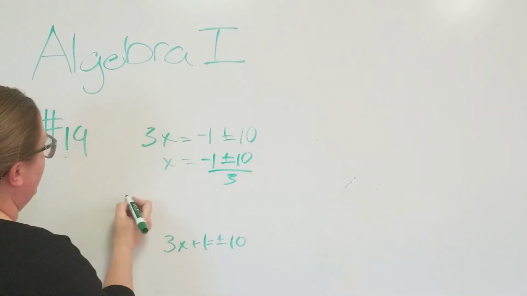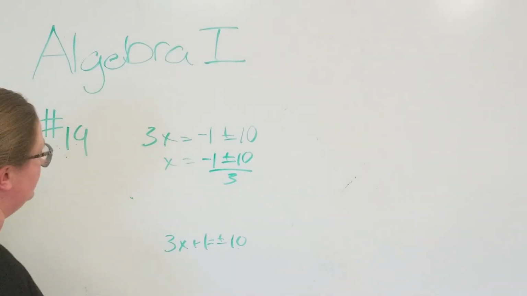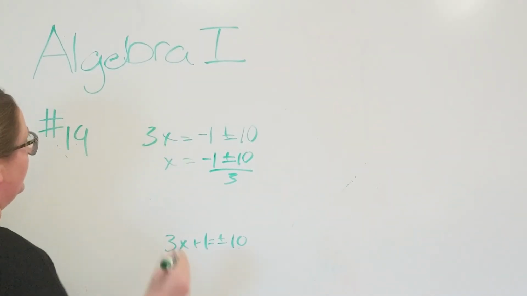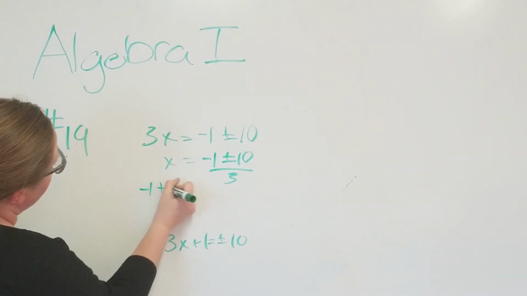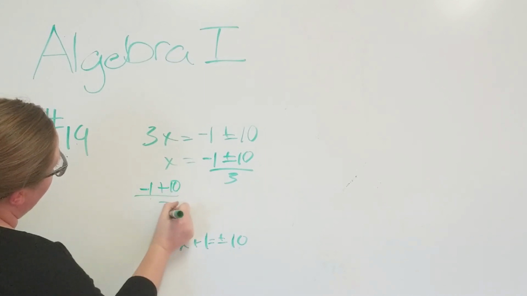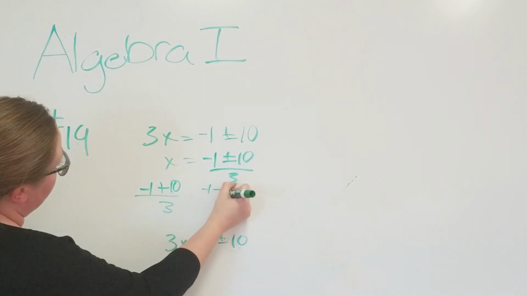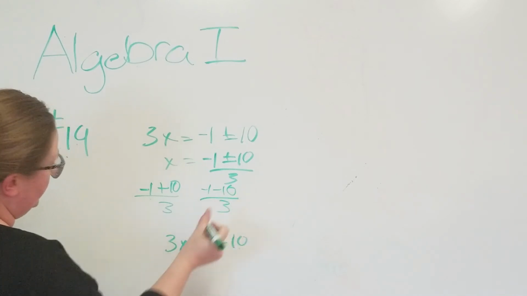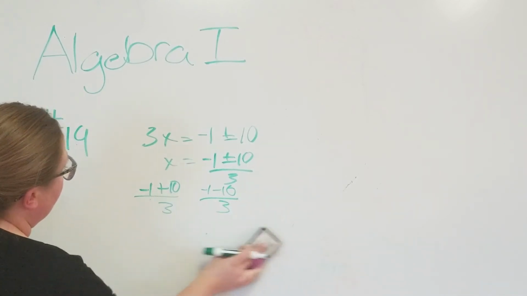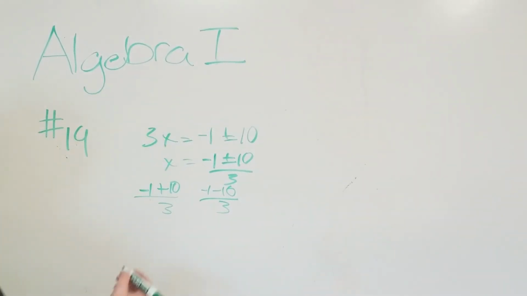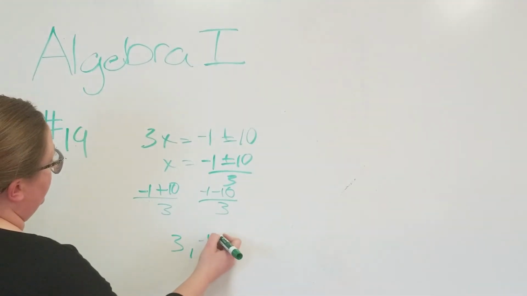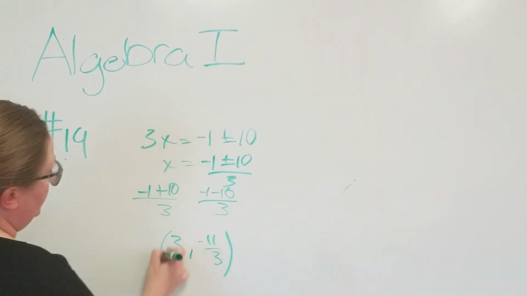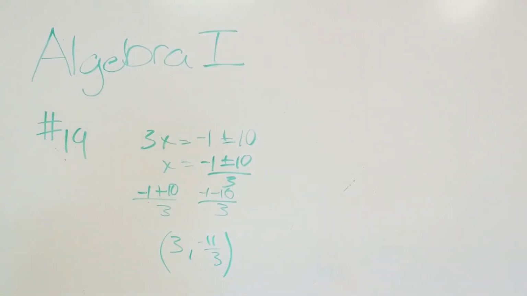So you're going to have negative 1 plus 10 divided by 3, and negative 1 minus 10 divided by 3. Negative 1 plus 10 would be 9 divided by 3, which is 3. And negative 1 minus 10 is going to be negative 11 over 3. So that's the solution set of these problems.